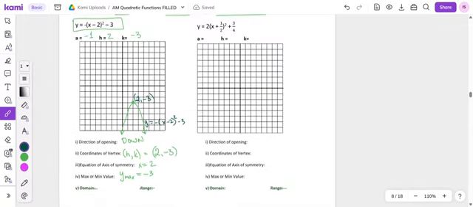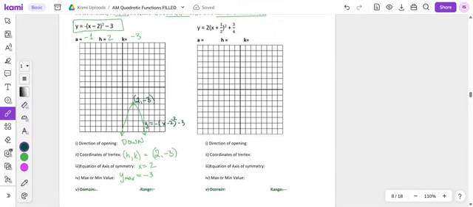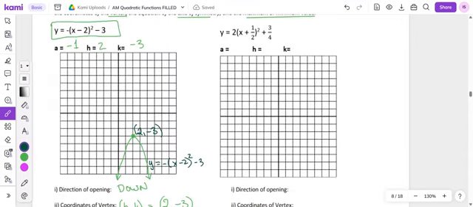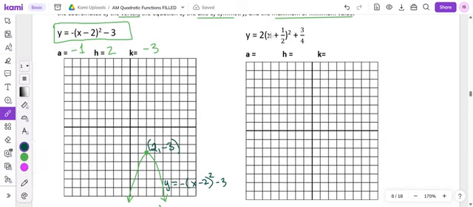All right, does the next one look really complicated? It looks uglier. So let's try it together. Start with the AHK. Just write it down.